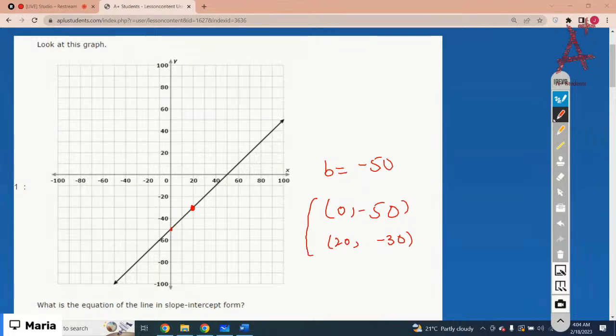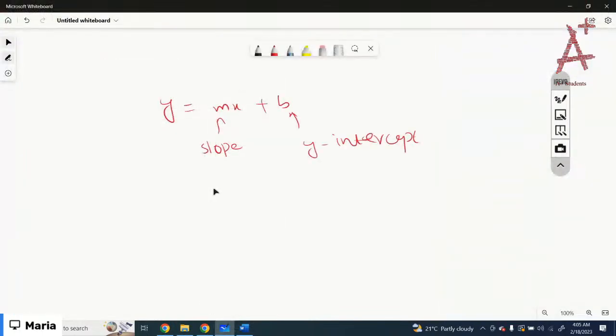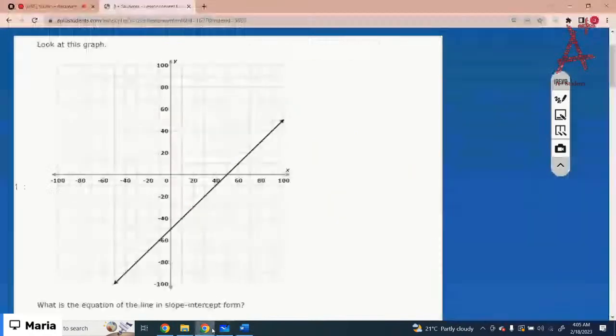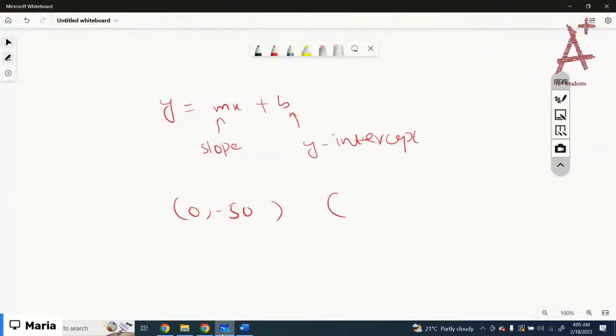You can use these 2 points and find the slope. The points are 0, negative 50, and 20, negative 30.